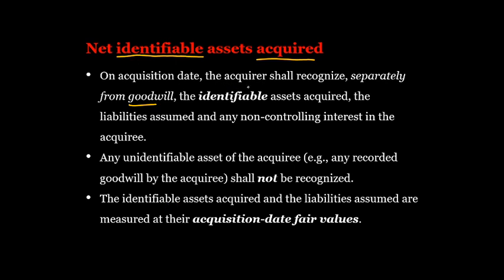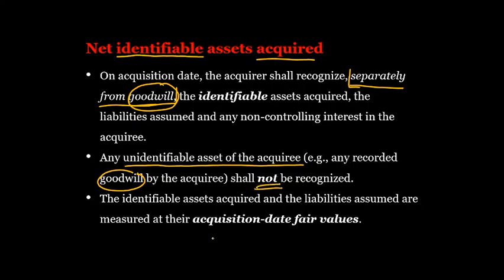On acquisition date, the acquirer shall recognize separately from goodwill, do not include goodwill, the identifiable assets acquired, the liabilities assumed, and any non-controlling interest in the acquiree. Any unidentifiable asset of the acquiree, like goodwill, shall not be recognized.